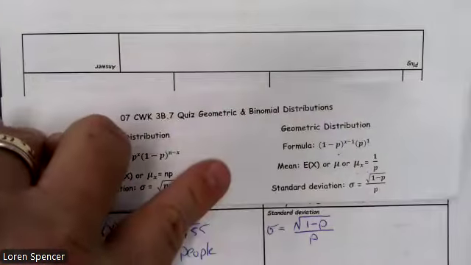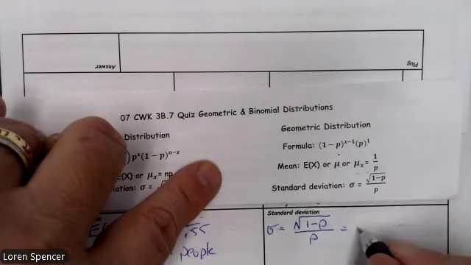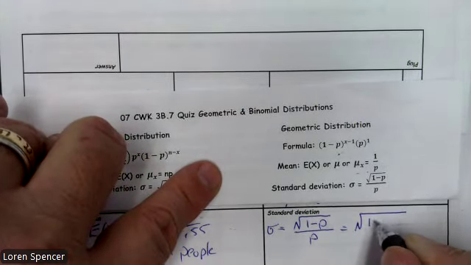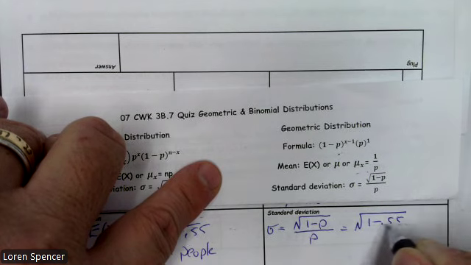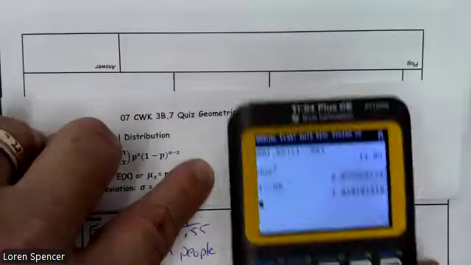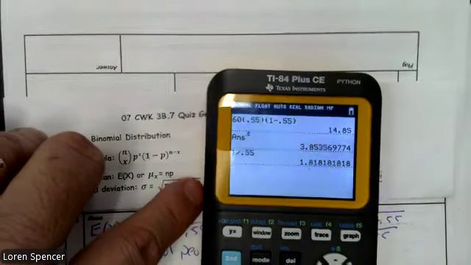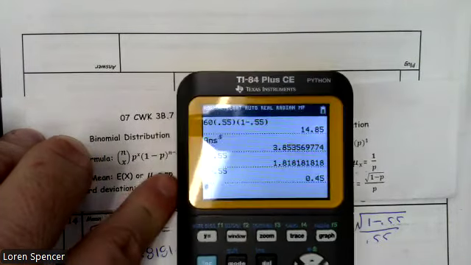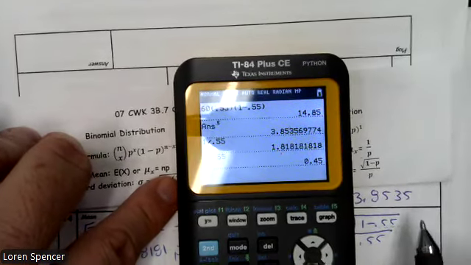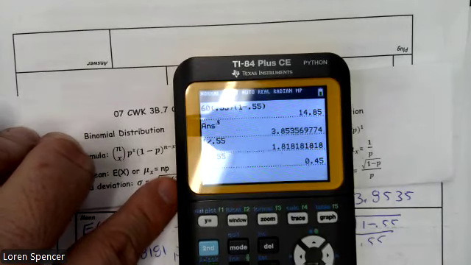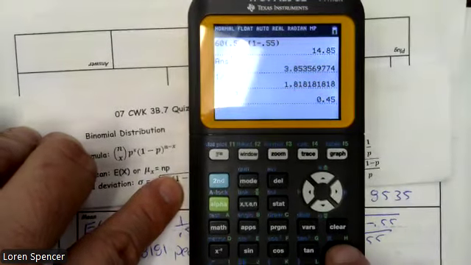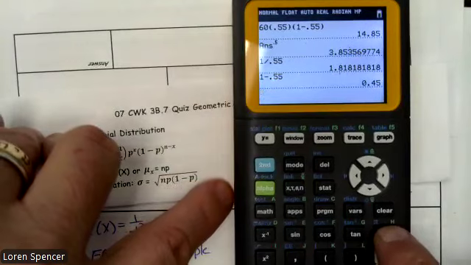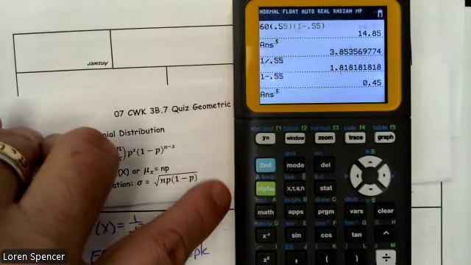When I go to the standard deviation, I'm going to plug in again: 1 minus 0.55 over 0.55. If I go 1 minus 0.55, I get 0.45. I'm going to take the square root of that, raising it to the half power using the caret 0.5.